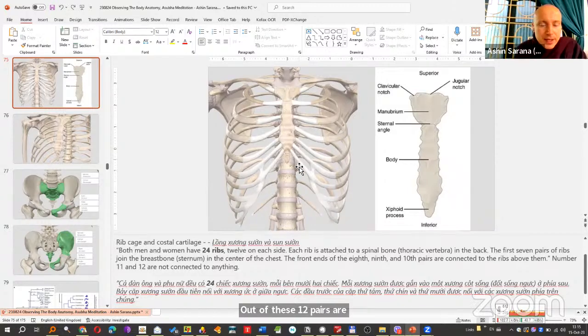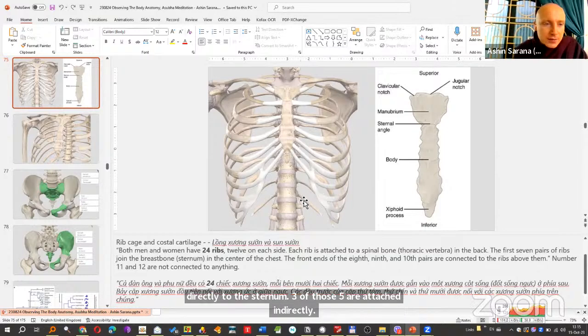sternum. The remaining 5 pairs, that is 1, 2, 3, 4, 5, are not attached directly to the sternum. 3 of those 5 are attached indirectly, and 2 are not attached at all.